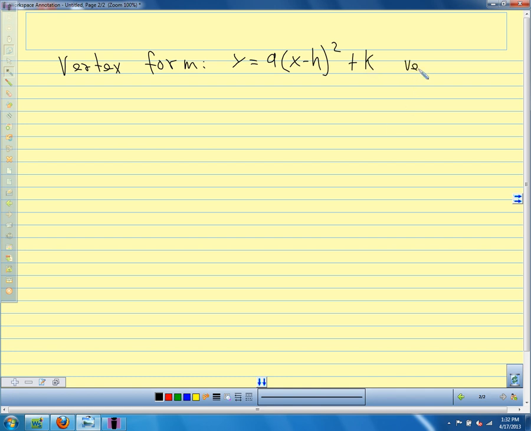And our vertex is at the point (h, k). So we did some work with this before in this class. What we're going to work with now is the standard form of a parabola, and we're going to write out how that works.